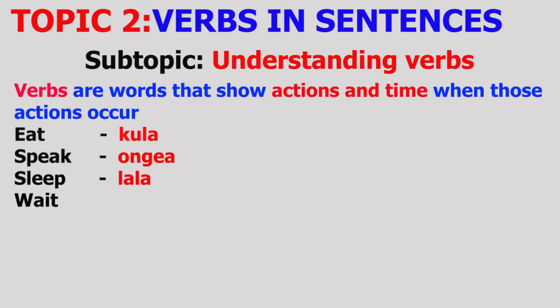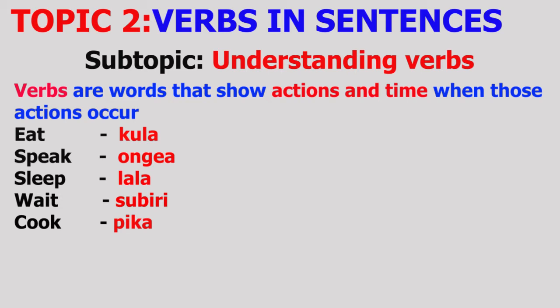Or you say wait, which is subiri in Swahili. Or you say cook, which is pika in Swahili. Those are actions. Cook means an action of cooking. So verbs are words that show actions that are done by subjects, as I have said.